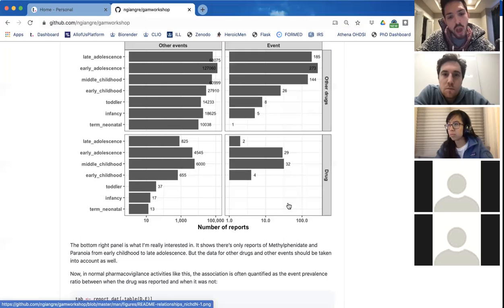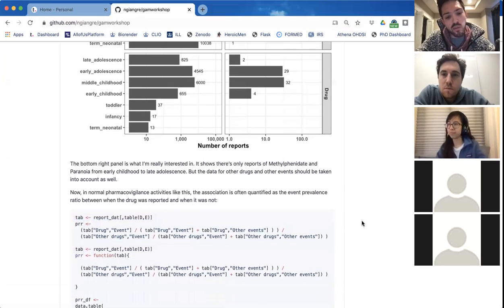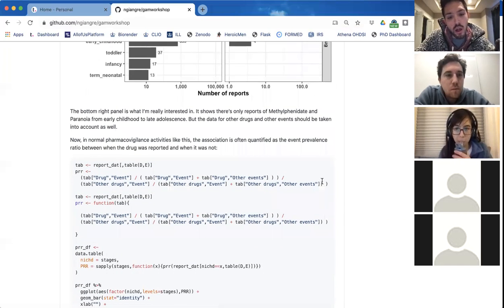That is what is often looked at in pharmacovigilance, which is the field of study that I'm in, and it's quantified. Associations are often quantified as the event prevalence ratio between when the drug was reported and when it was not.